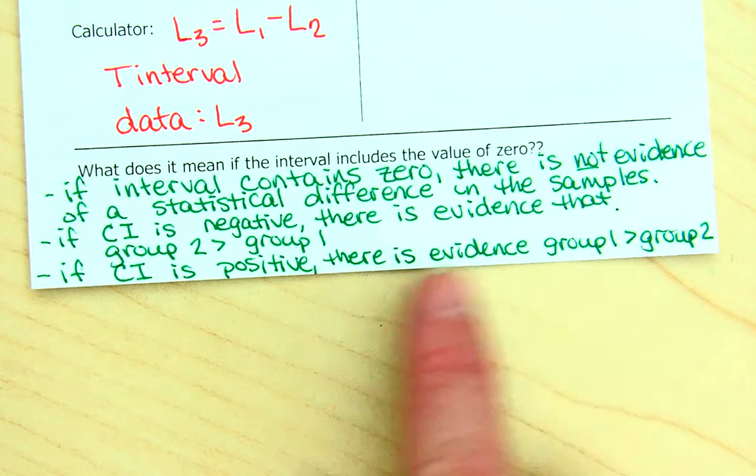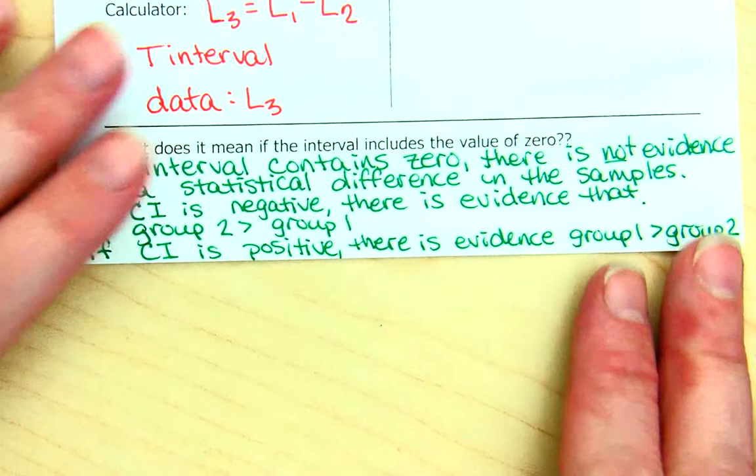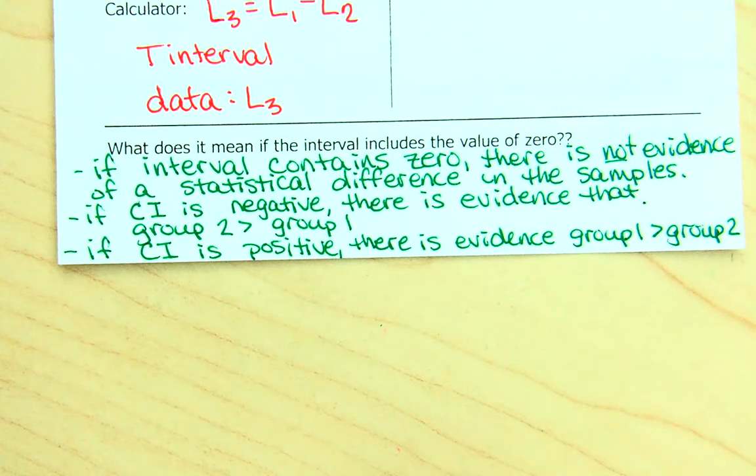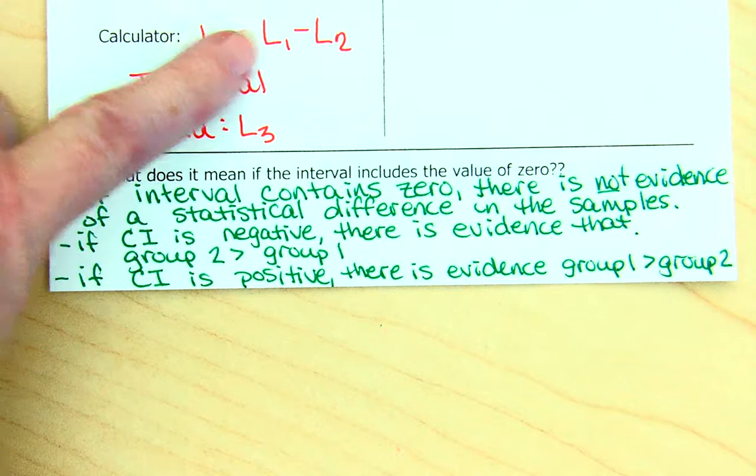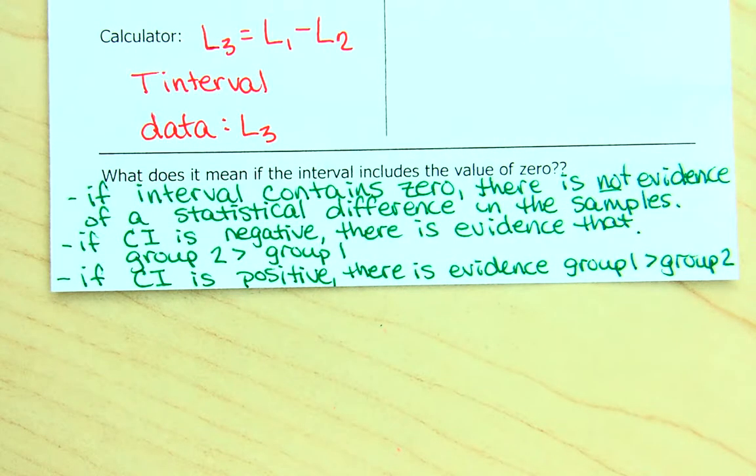So hopefully this is making sense. We've talked about this before a little bit, but now we're looking at differences and how the difference would actually work out as far as which one's bigger. So it all goes back to your order of subtraction. So you want to make sure you define which way you are subtracting.